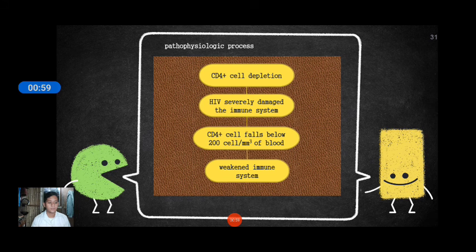So the virus, through replicating itself, causes the CD4 plus cell to swell and burst. So that's when the CD4 plus cell depletes. So when the CD4 plus cell depletes, that means that we don't have enough army to fight off the virus.